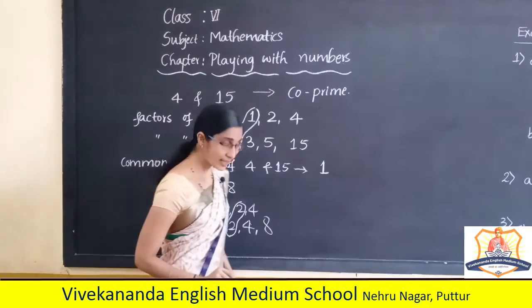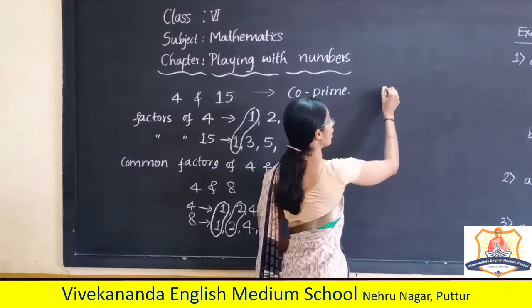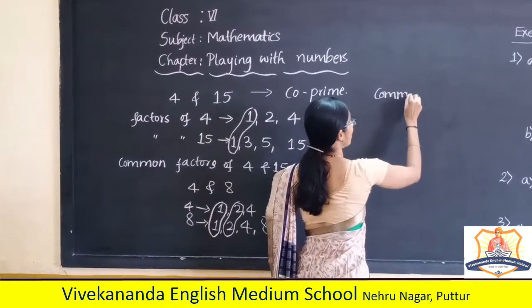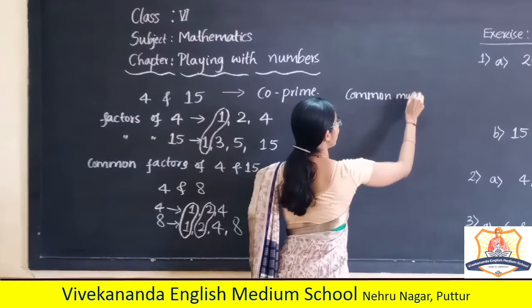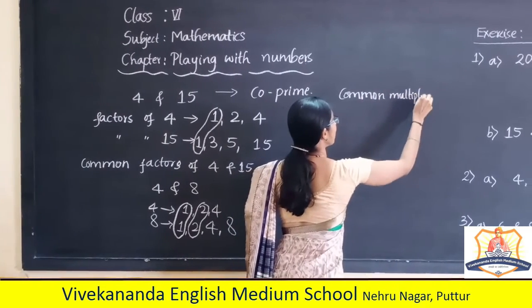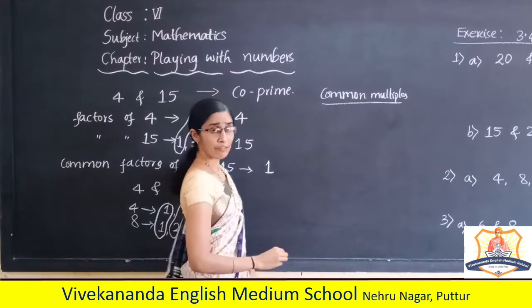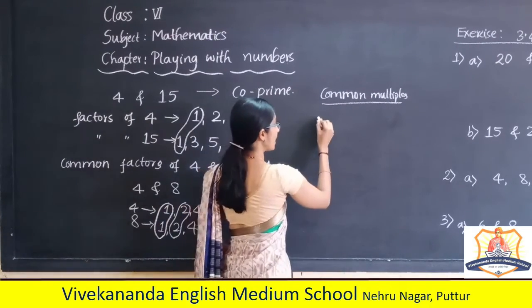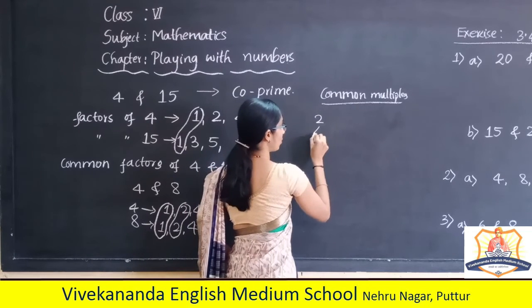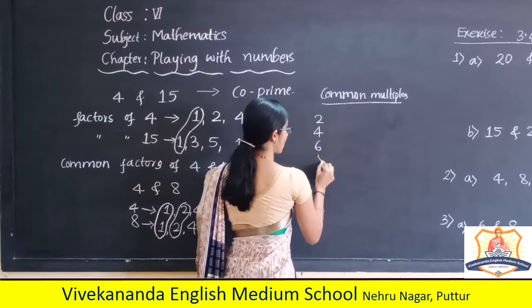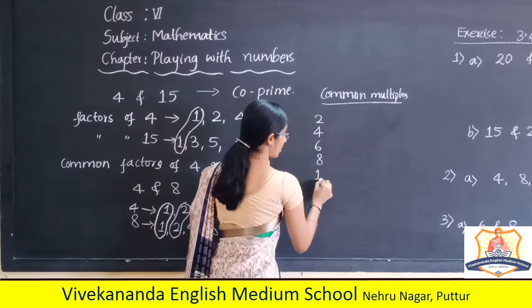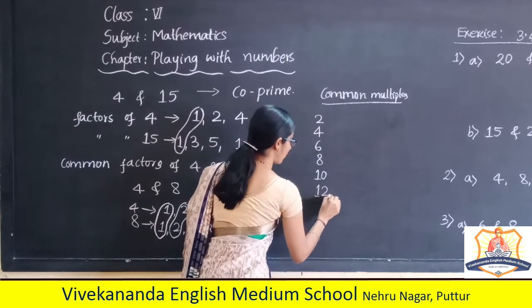Next, common multiples. What do you mean by common multiple? Common multiples. Okay. Let me start from the table of 2. Simple, easier one. 2 ones are 2, 4, 6, 8, 10, 12.